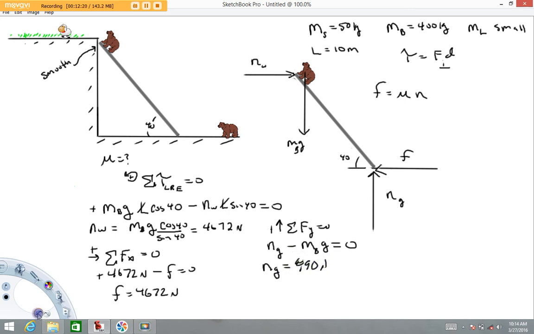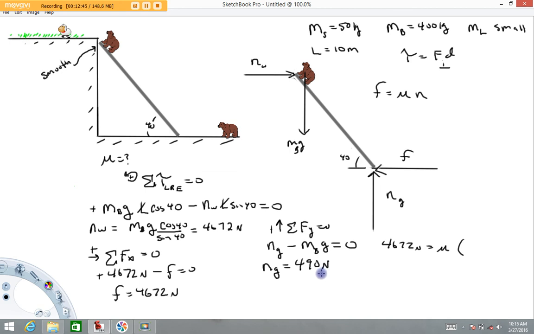So now to get that coefficient of friction, I'm just going to use this. The frictional force, which is 4,672 newtons, is equal to the coefficient of friction times the normal at the ground.